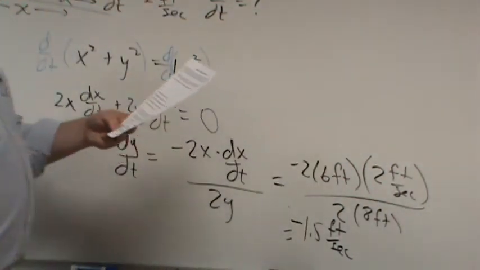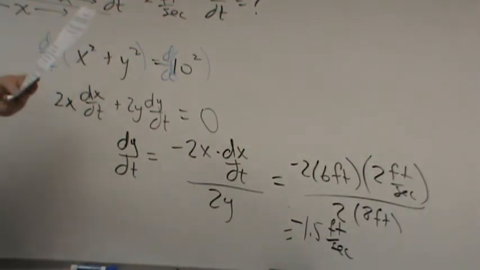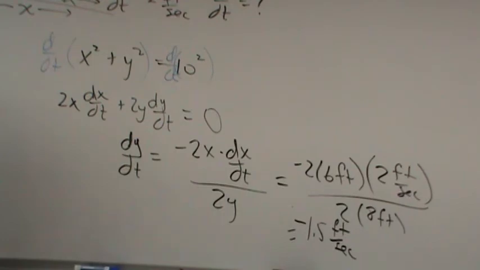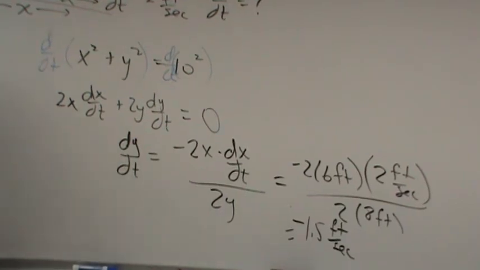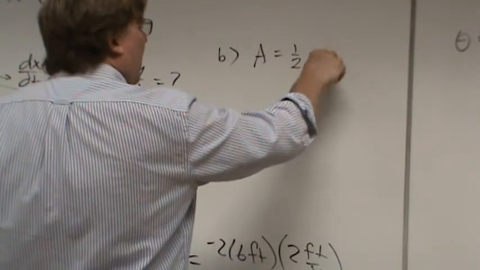Look at part B. Now I want to know the rate at which the area of the triangle formed by the ladder is changing. What equation am I going to have to do now? Area equals 1/2 xy. Good.